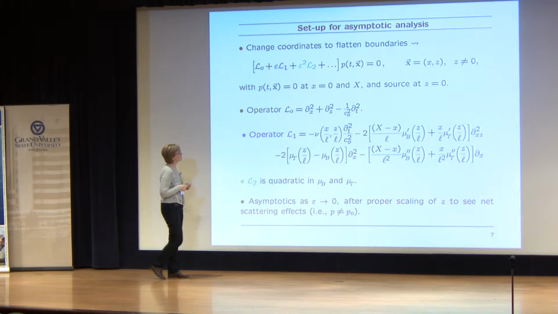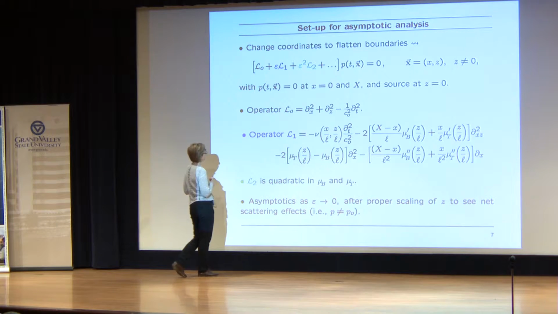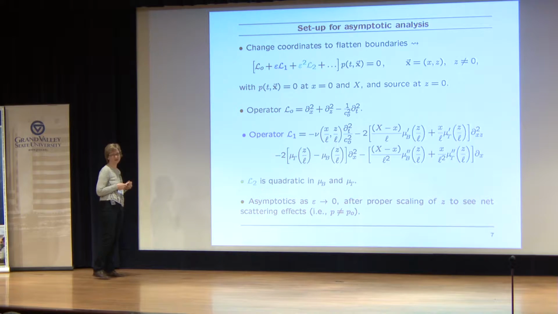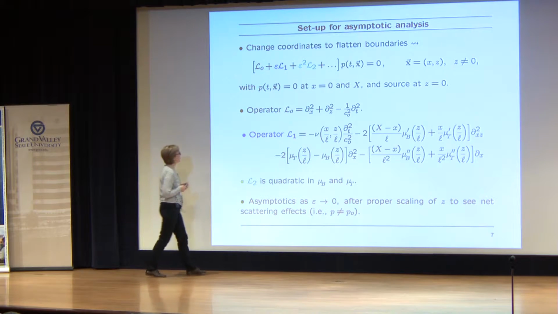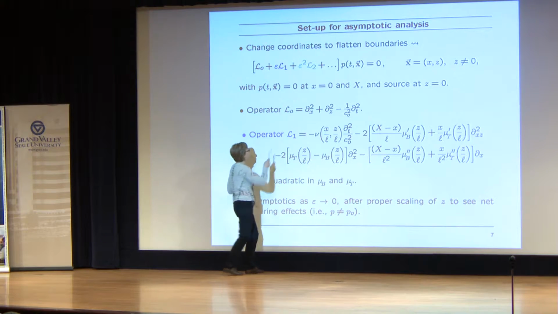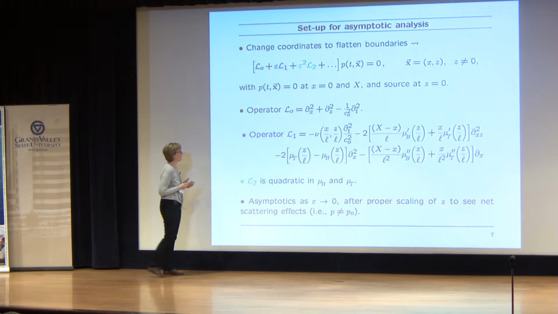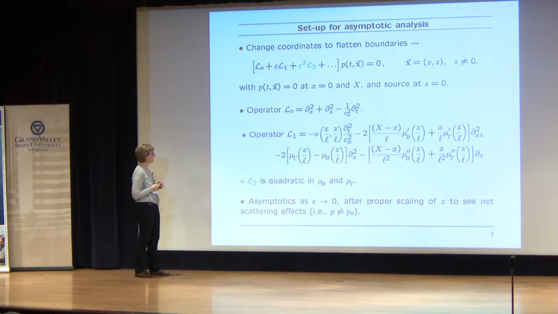I wrote the equation for z different than 0. Remember that the source lives at z equal to 0, where we have some source condition. Now here we have a perturbation series for the operator. The leading operator is this one, which is just the usual operator in the acoustic ideal waveguide.